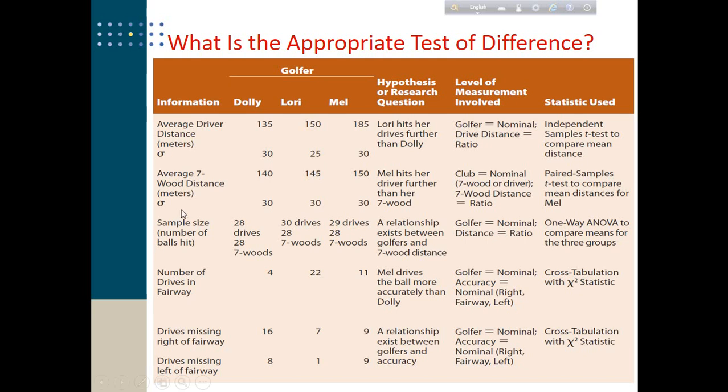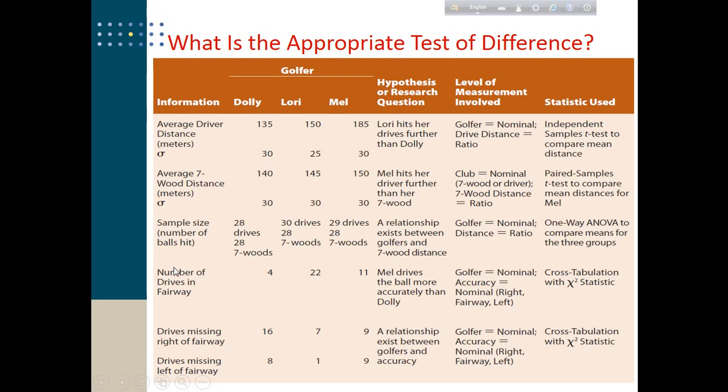However, the main difference between the previous one and this one is that previously we used an independent sample t-test because that was the test of average drive distance between two players. Now we will still be using a t-test, but it is a paired sample t-test. Paired sample means related sample t-test, because we are testing the average for the same person. They must be related. So we will be using a paired sample t-test.